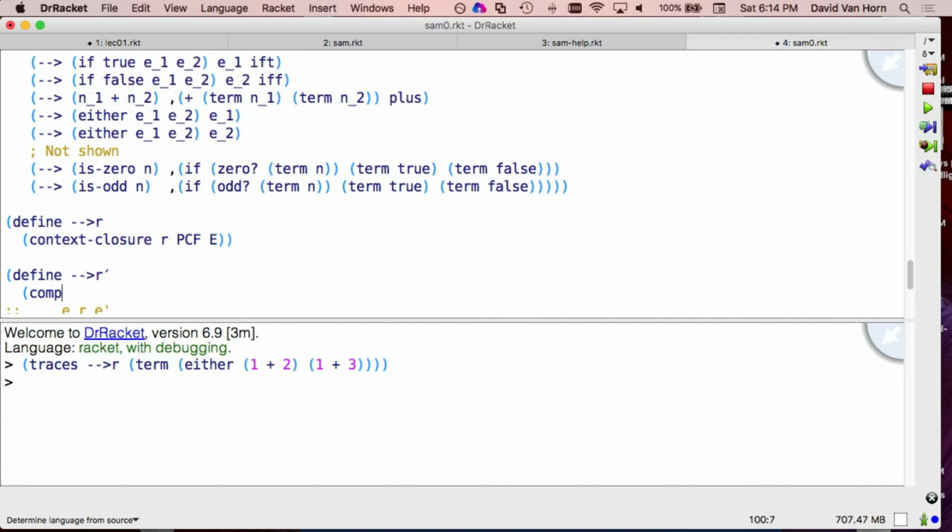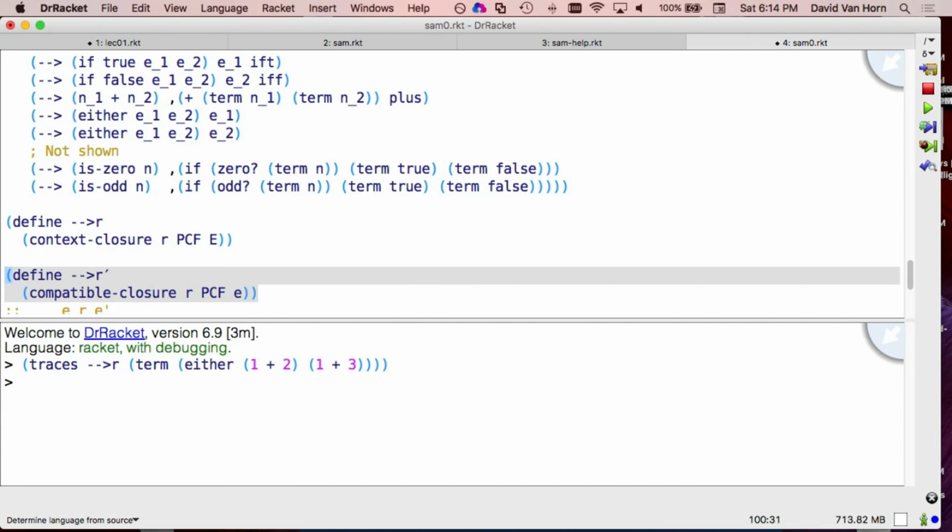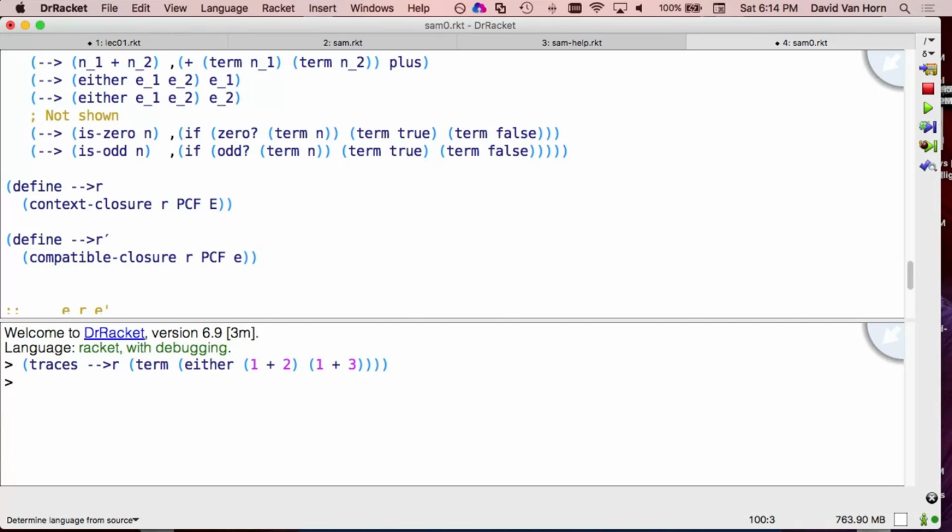And then I'm going to use a different sort of reduction relation combinator here. So compatible closure, you give it a relation and a pattern for terms, and it will let you reduce inside of any sub-expressions. Okay? Whereas this lets you reduce inside of any context.